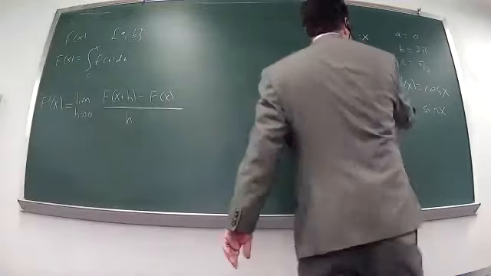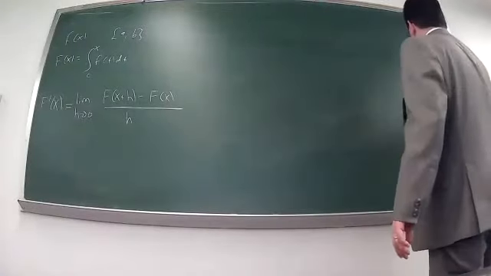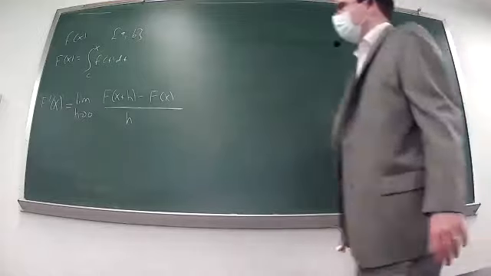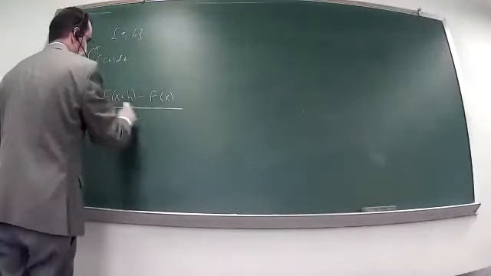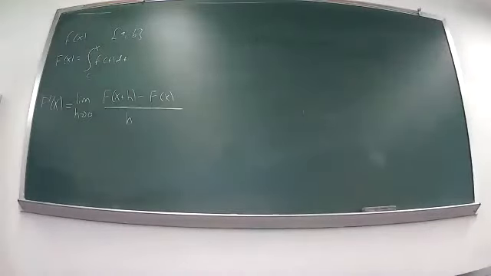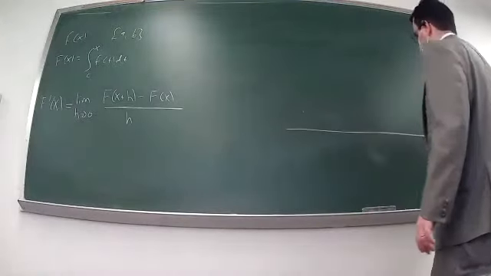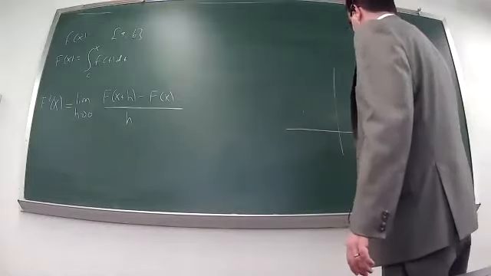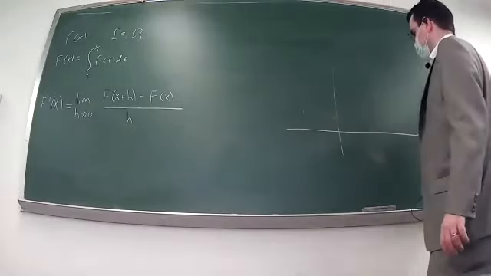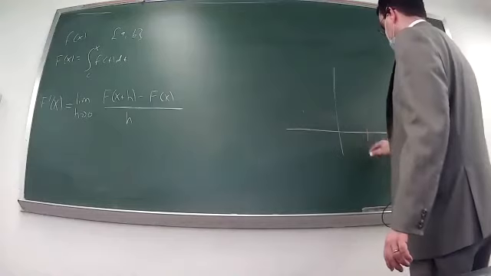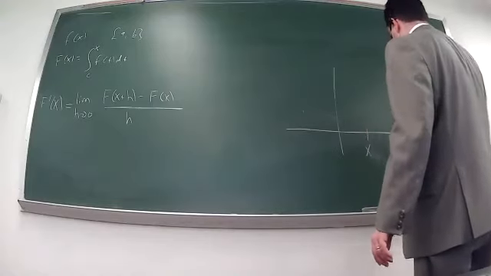And if I can do that, I want to investigate this numerator here, this difference. So if you take a picture here, I'm just going to zoom in really closely. Let's say that you've got x.